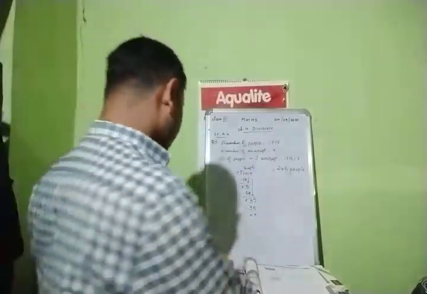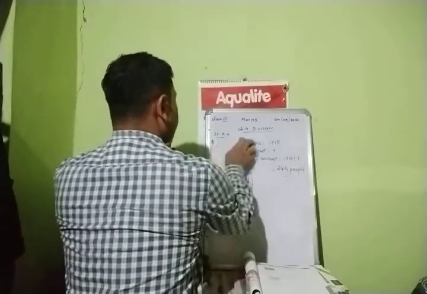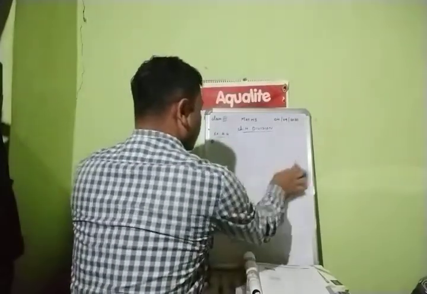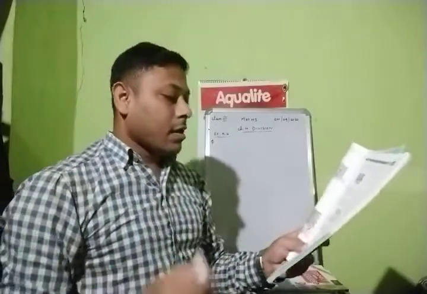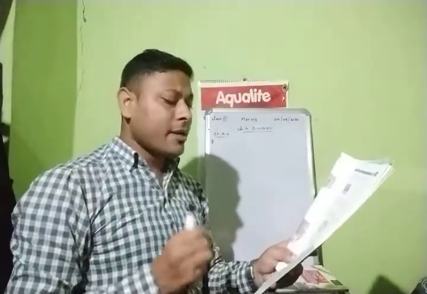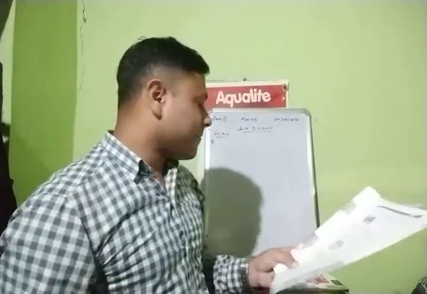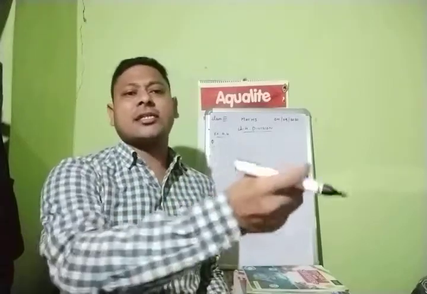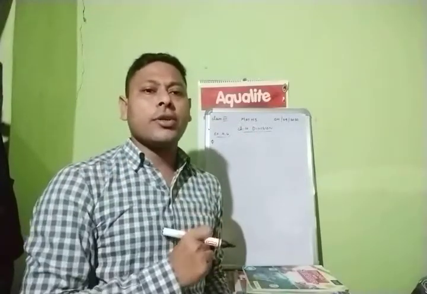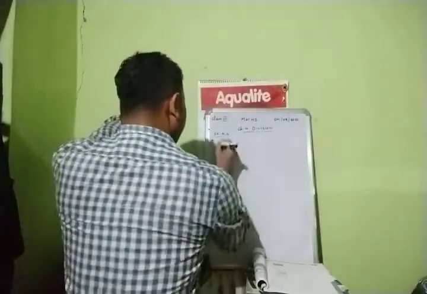245. Okay. Next question. Question number 4. A mother distributed rupees 1200 among her 3 children as their pocket money. So how much money did each child get? Very easy. 1200 is the money a mother has, and she has given it to her 3 children. So one child, how much money did they get?